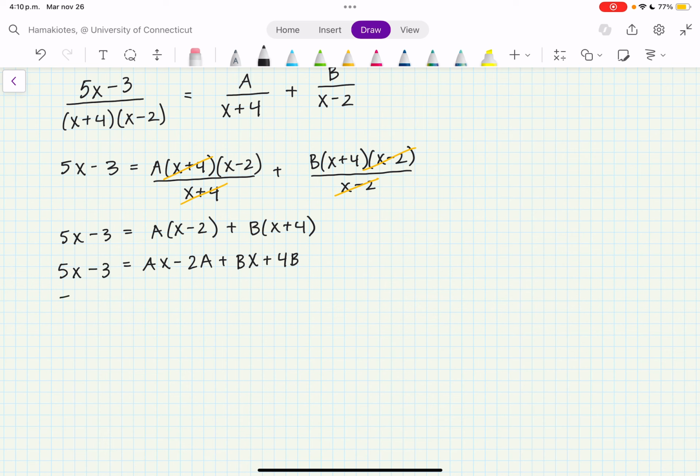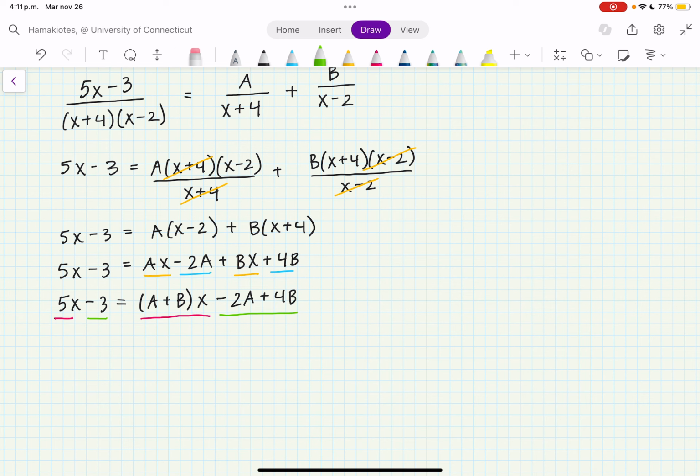I can collect like terms. So on the right-hand side, I have Ax and Bx, so I can write this as A plus B times x. And then I have minus 2A and plus 4B, minus 2A plus 4B. And now notice my 5x is going to be equal to A plus B times x, and my minus 3 is going to be equal to minus 2A plus 4B, the constant part.